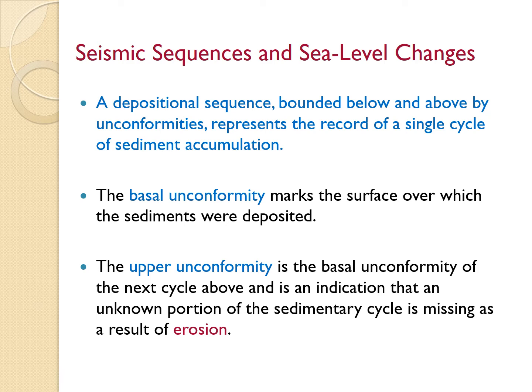Okay, so what is the value of this? It's an indication that an unknown portion of the sedimentary cycle is missing. Missing due to what? As a result of erosion. So it's a good thing to think about seismic sequence in terms of getting an idea about even the missing parts of the beds by the effect of erosion.